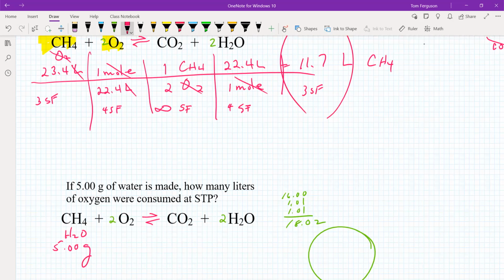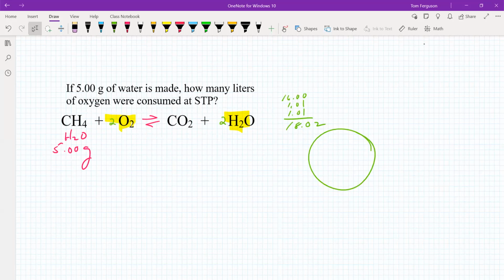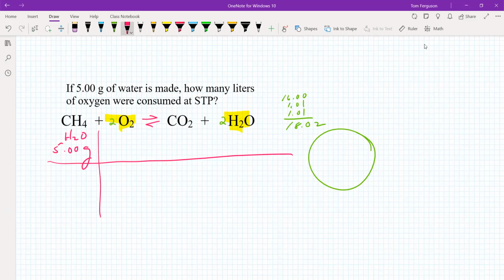Okay, so here we're looking at water and oxygen. Water's from our previous calculation is 18.02. The ratio is 2 to 2 for oxygen and water, or 1 to 1.